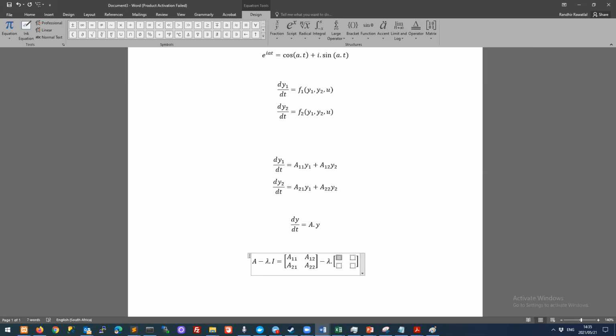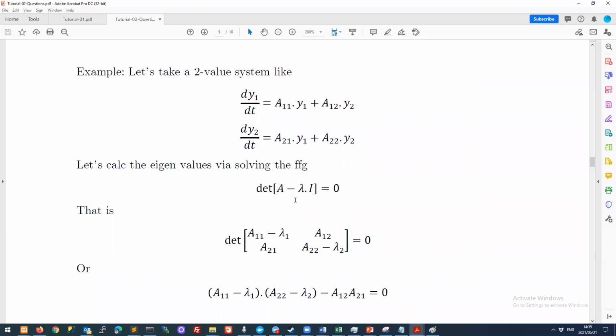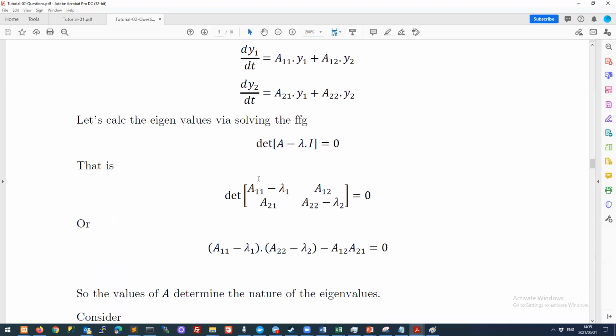So it's 1, 0, 0, 1. Right, so if you work out the determinant of this, it's going to look like this, right? So it's the determinant of this matrix. And the determinant, of course, you take the product of this diagonal minus the product of this diagonal, which looks like this.